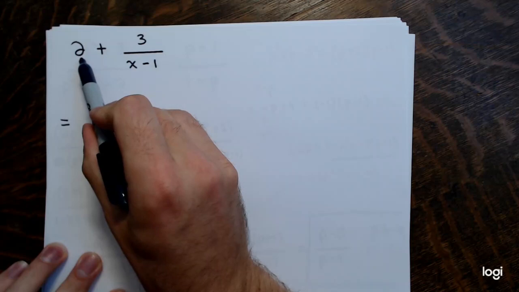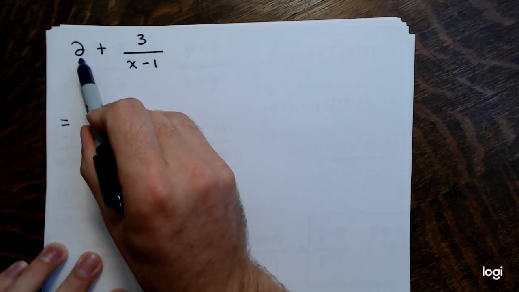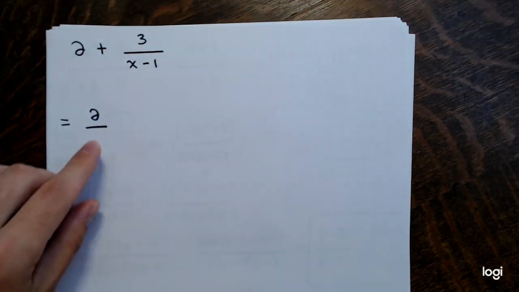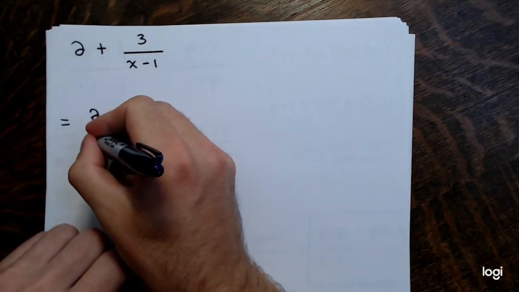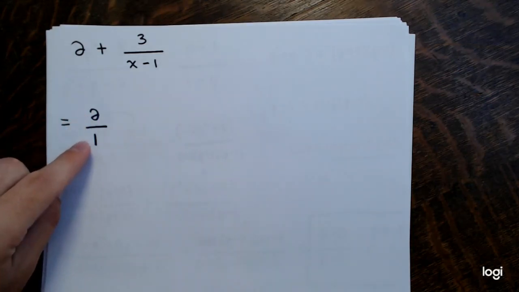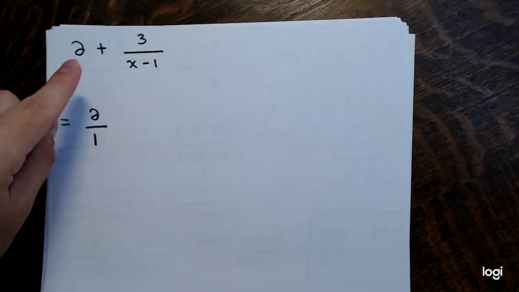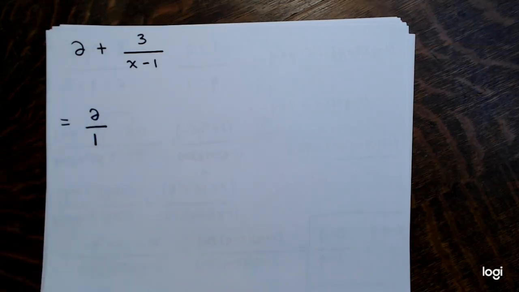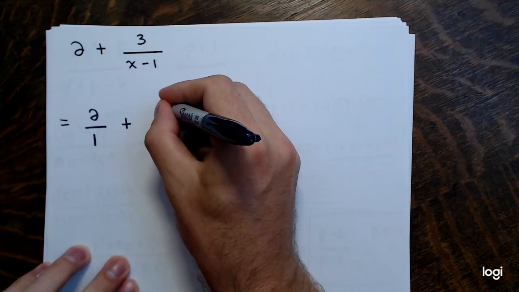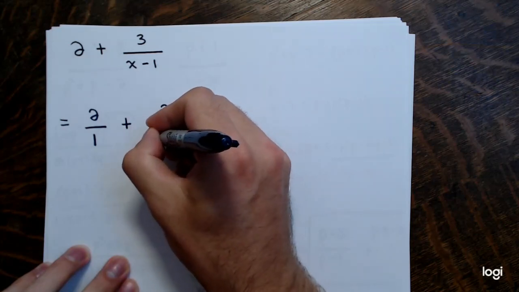How can I find the least common denominator? When there's no denominator, technically you can always put a divided by 1. Isn't anything divided by 1 just itself? So 2 on its own is the same as 2 divided by 1, or 2 over 1. So it's the same thing as 2 over 1 plus 3 over x minus 1.